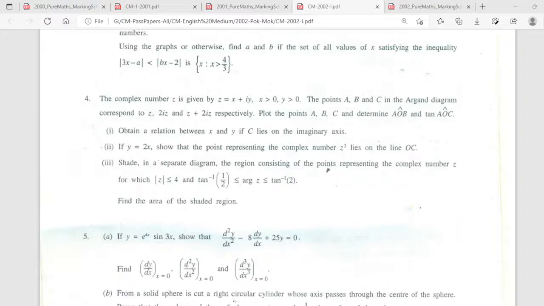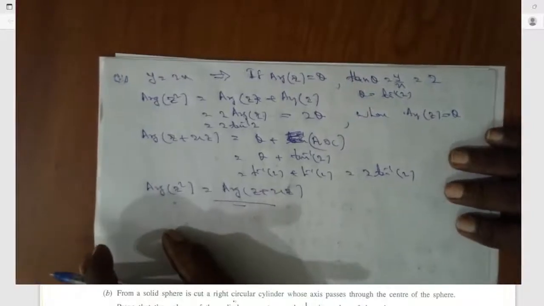But the argument of the line OC is, you know, that we calculated, theta plus tan inverse. So this is the alternative method, right?